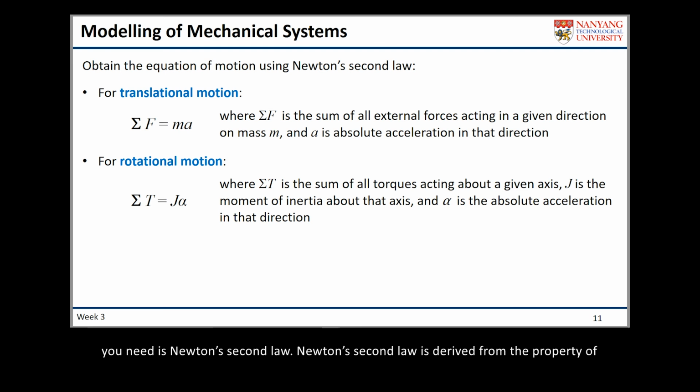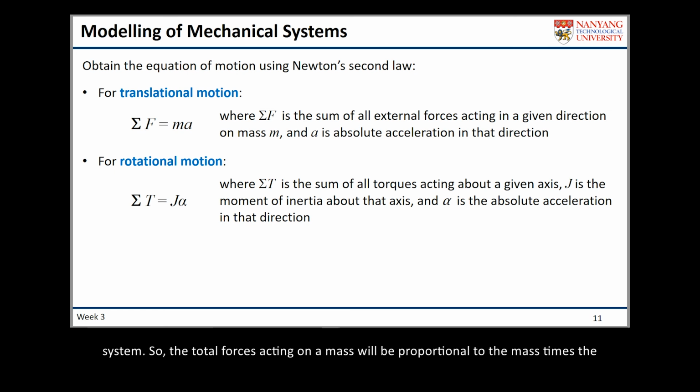Newton's second law is derived from the property of the mass for a translational system, of course, and it is a property of the moment of inertia if we are talking about a rotational system. What Newton's second law says is that the total forces acting on a mass will be equal to the mass times the acceleration. That is for a translational system.